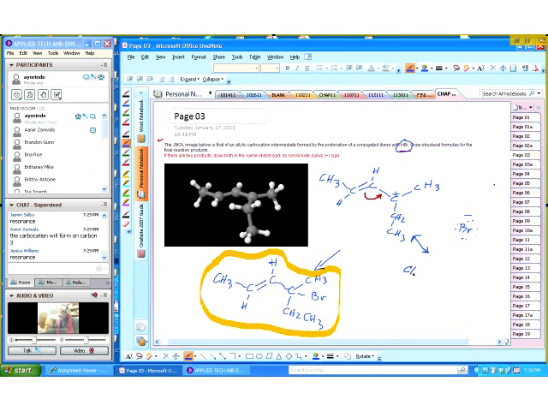We have CH3, hydrogen here, carbocation there, and then this is now moved. Hydrogen is still here. Now we have a double bond here. Now this is here, and now the ethyl is here.